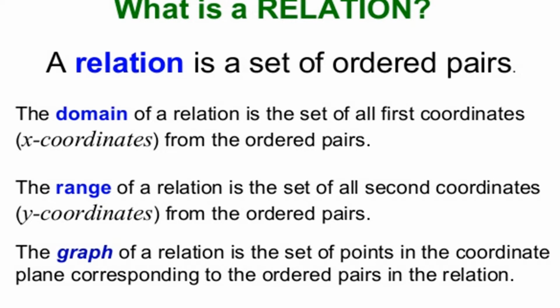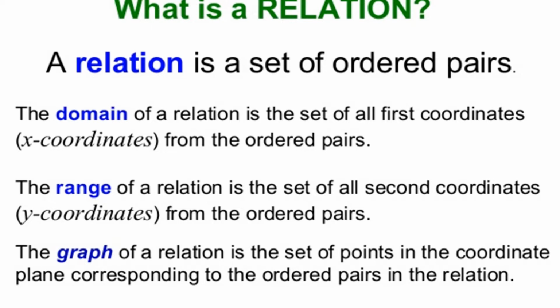The domain of the relation is the set of all first coordinates, what we call the x coordinates, from the given ordered pairs. So, yung ating domain, ayun po yung ating x coordinates. The range of the relation is the set of all second coordinates, yung pangalawa. So, yun yung ating y coordinates sa ating ordered pairs.